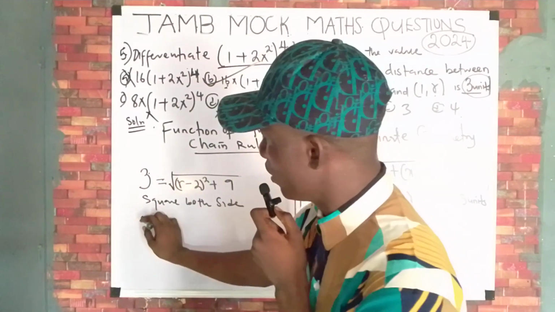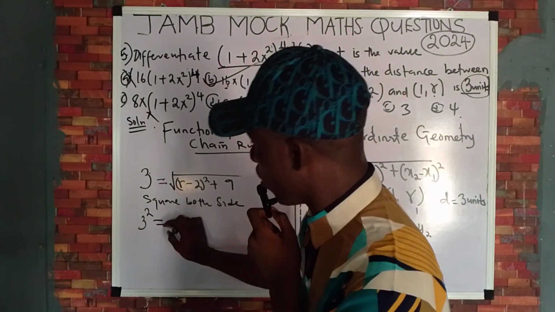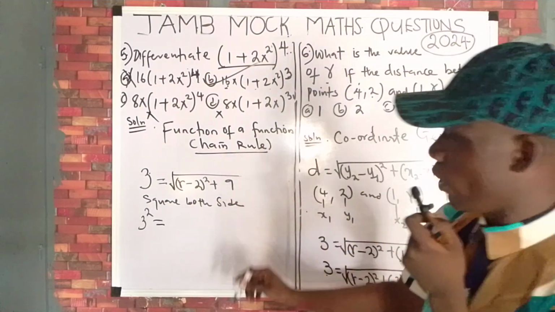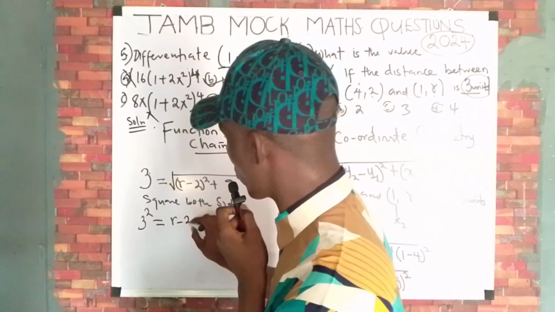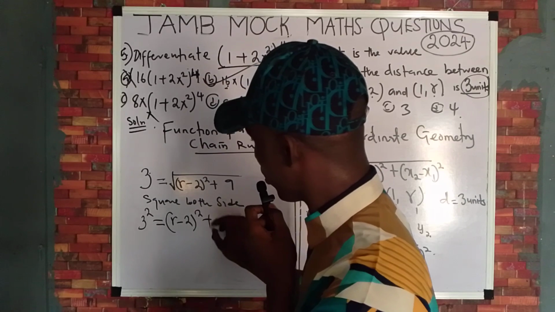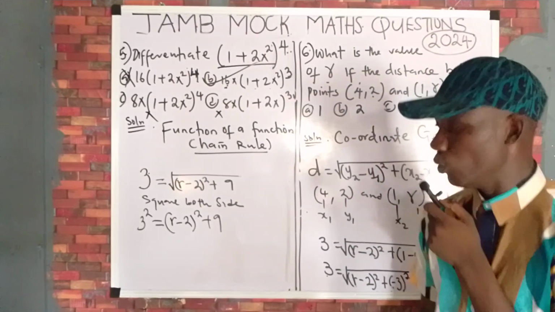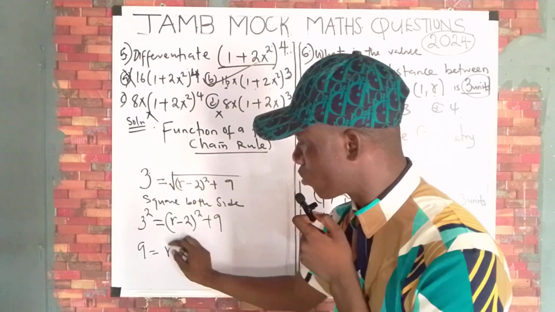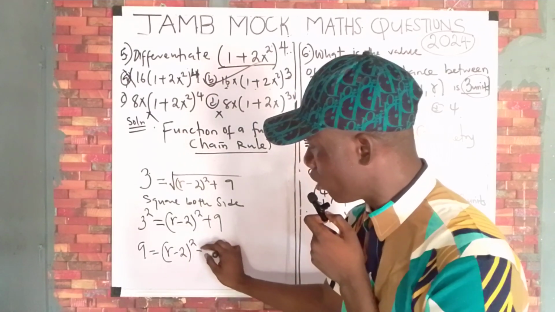This will give us 3 squared equals, when you square this, we cancel the square root. So you are left with (r minus 2) all squared plus 9. Remember, this 3 squared will give you 9 equals (r minus 2) all squared plus 9.